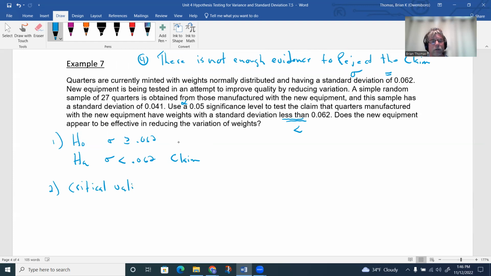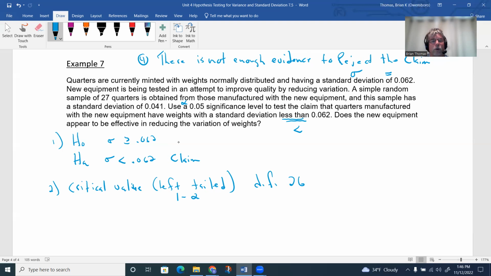So the critical value, notice how since we have less than, we know this is left-tailed. And we know that the degrees of freedom is going to be, the sample is 27, so it's going to be 26. Left-tailed means we have to actually use 1 minus alpha.